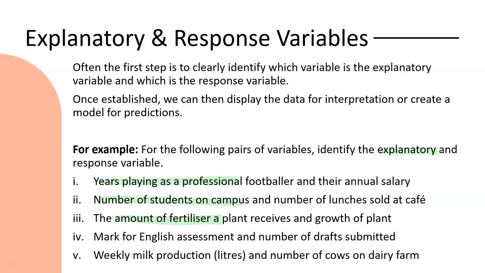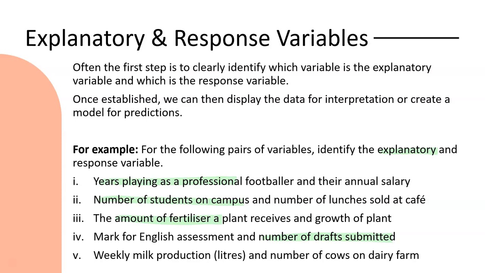Potentially, the more drafts you do, the better prepared you are, so the better mark you're able to achieve. So is the number of drafts affecting the mark for your English assessment? That makes the number of drafts submitted our explanatory variable.